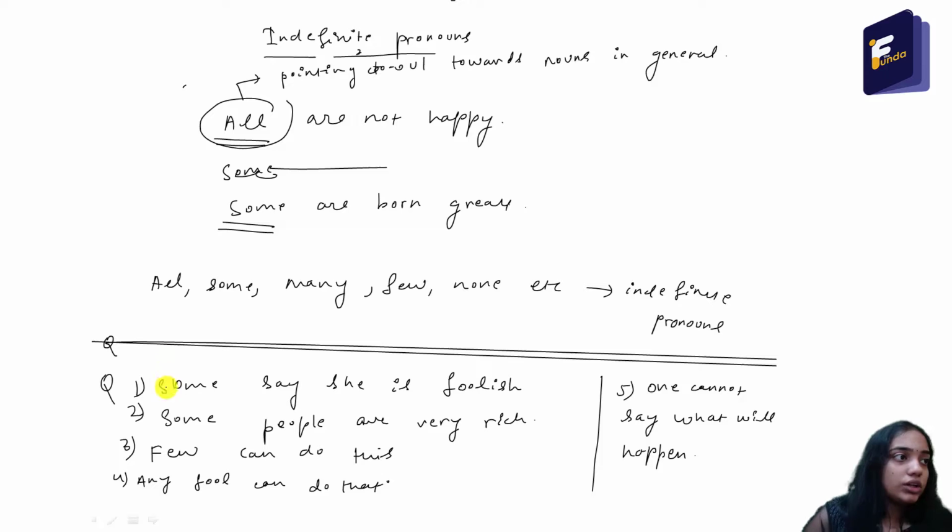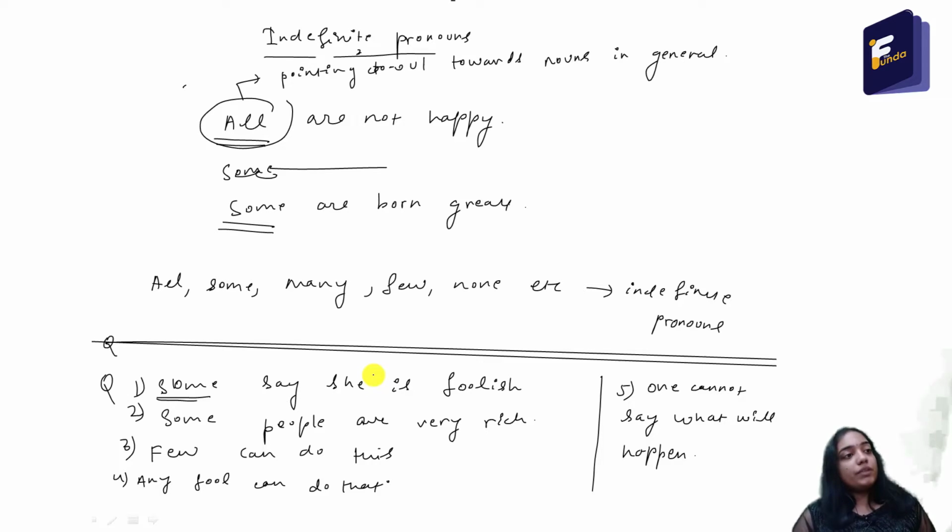Okay. So in the first sentence, some say she is foolish. By looking at the sentence, I can say that the word some is indefinite. Now I have to say if it is an indefinite pronoun or an indefinite adjective. Here the word some is not describing any noun, so it is not an indefinite adjective.